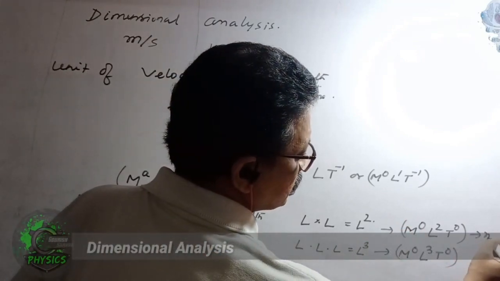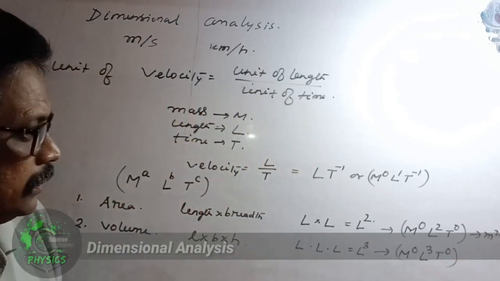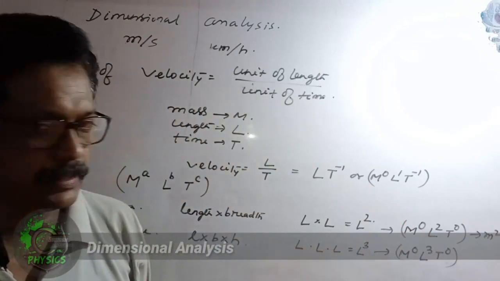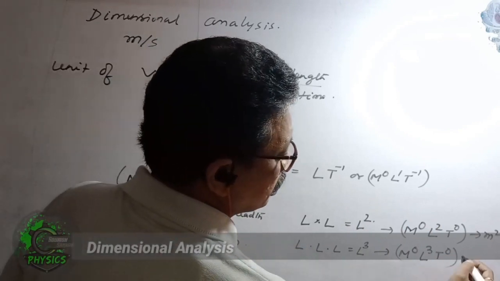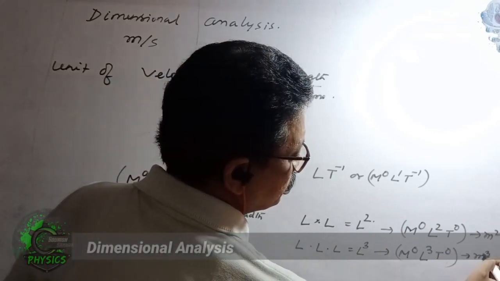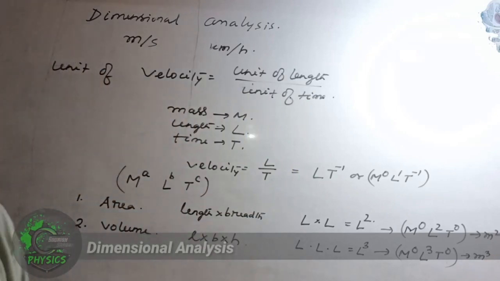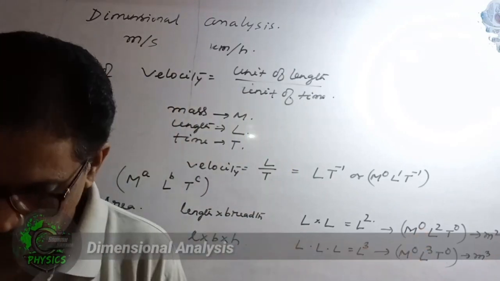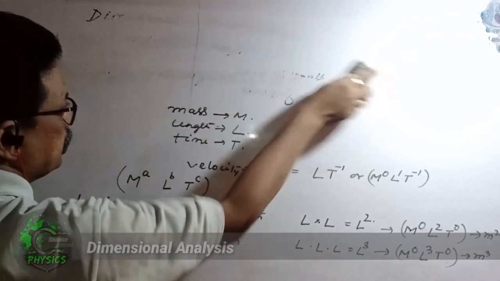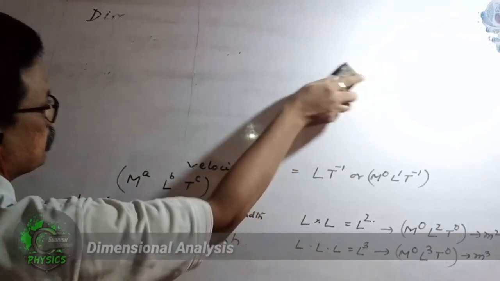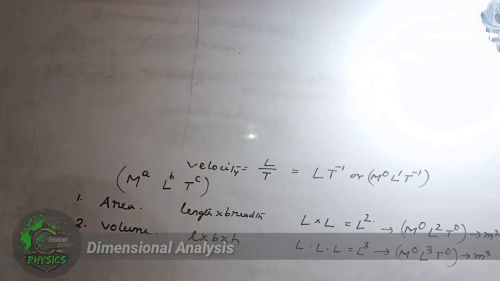The unit of length is meter in SI system, so the SI unit of volume is meter cube. So knowing the dimensional formula, you can find out the SI unit or unit of that physical quantity in any system.